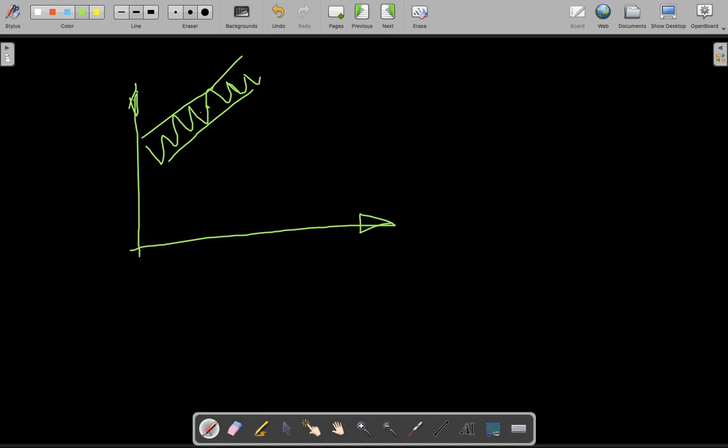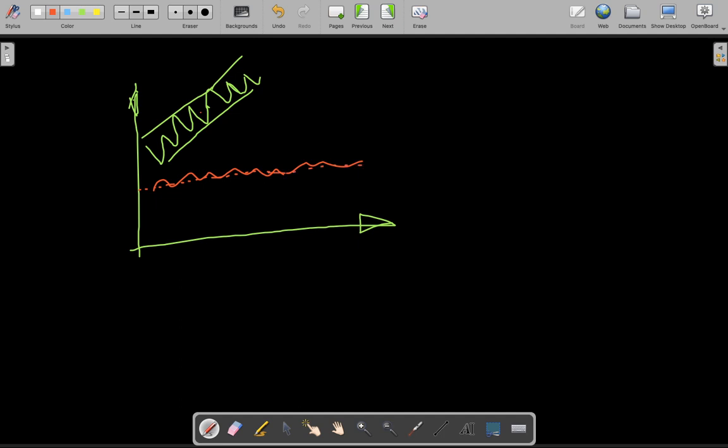Whereas for my series to be mean stationary, let me draw with a different color. If my series is mean stationary, it will be something like this. There are different values in different time periods, but it is oscillating around a mean.